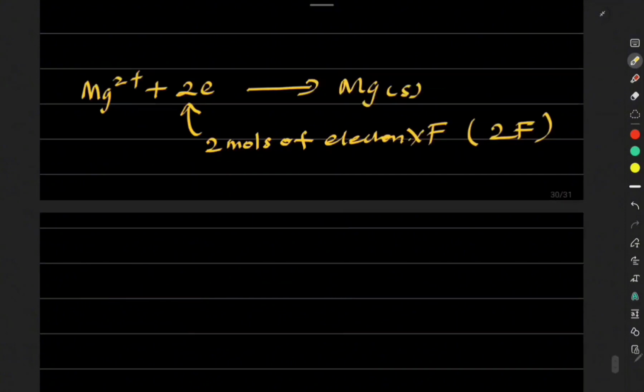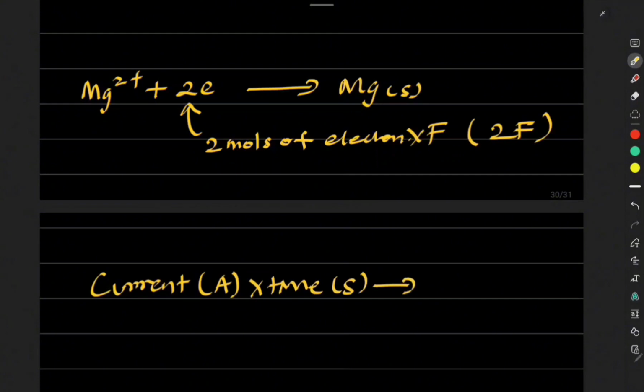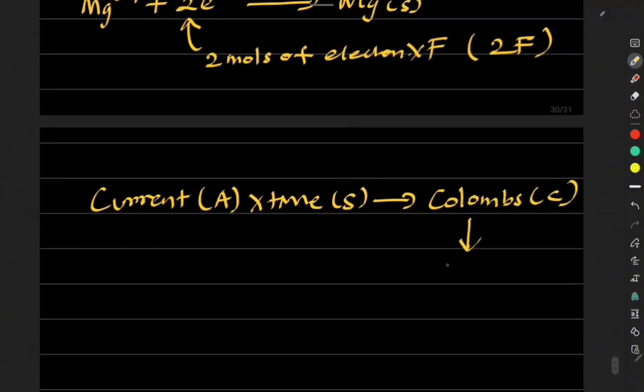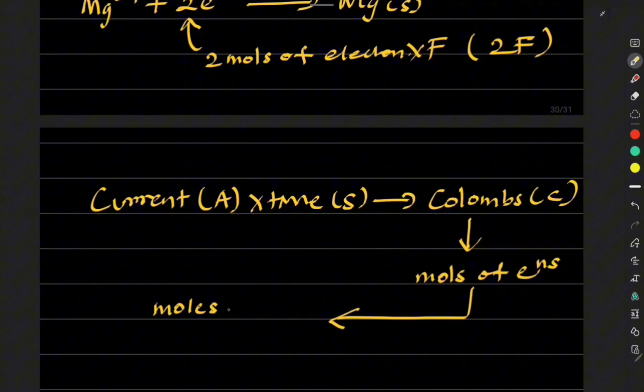Let's look at the application of Faraday's constant. We multiply current, which is in amperes, by time in seconds. It gives us coulombs, which is charge. Coulombs are converted into moles of electrons, and then moles of product or reactants.